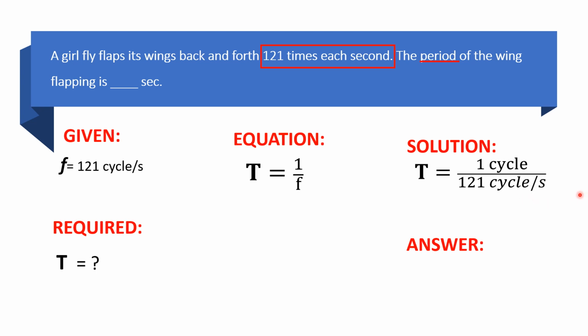As you can see, I put cycle here so we can see that this will cancel. So let us cancel this cycle. So doing the math, the answer is 0.00826 seconds. So I hope you have the same answer with me, and it is very easy.